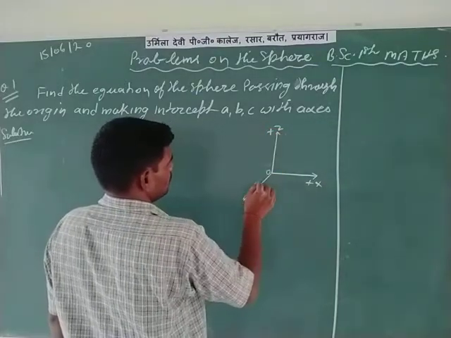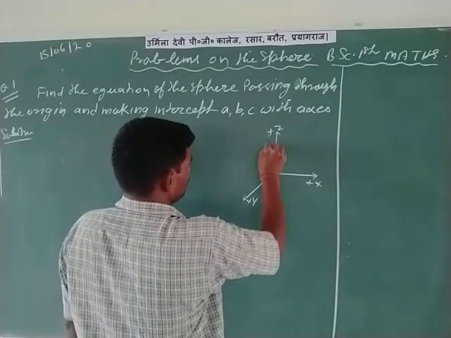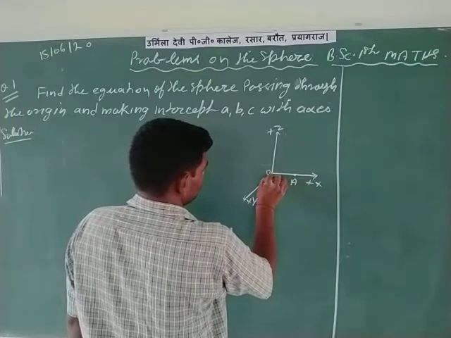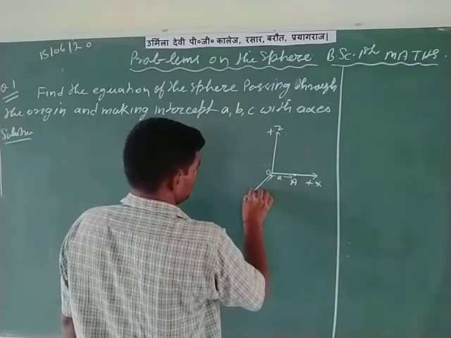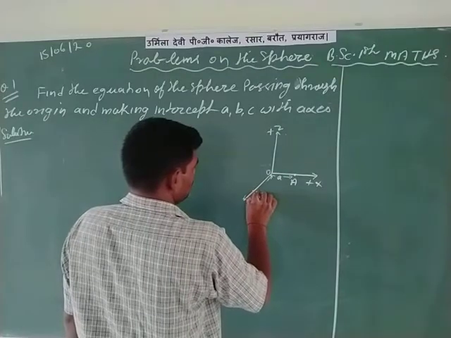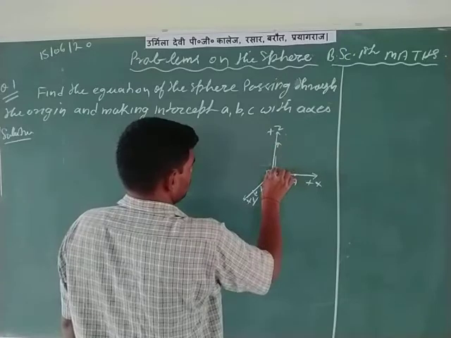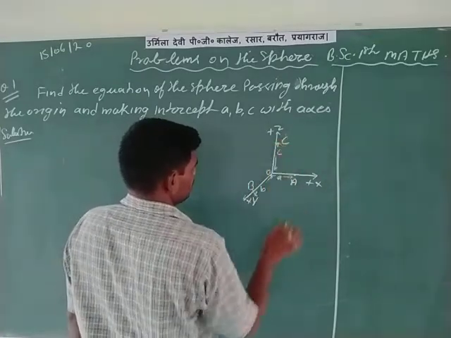Suppose that is the origin. This distance is equal to a, this distance is equal to b, and this distance is equal to c, denoted by B and C.